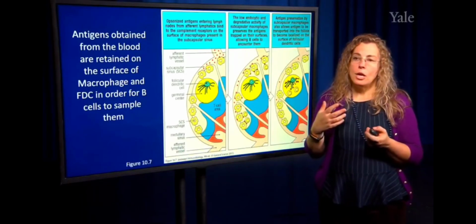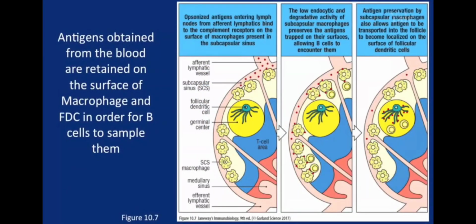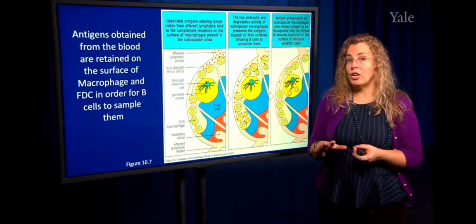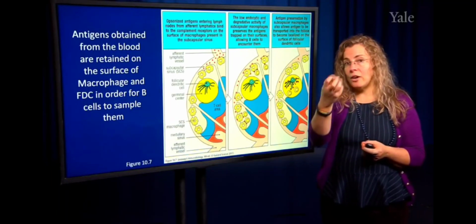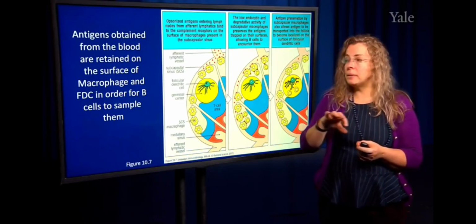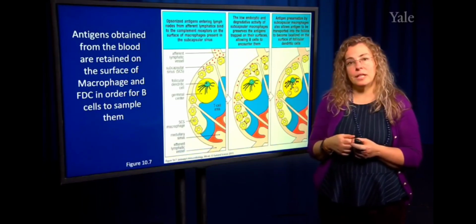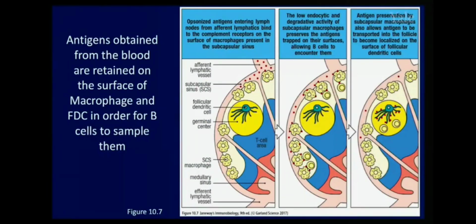So, antigen transport into lymph node and spleens. There are two innate immune cell subtypes, which are subcapsular macrophages and also follicular dendritic cells. Both of these cell types are very good at binding antigen, but they actually don't internalize the antigen. So they don't pull it inside and break it up into pieces and present on class 2. They simply keep the antigen on the surface, which you can see here. Now that's important for B cells because when those cells come into the lymph node or the spleen, the B cells can then sample what's on the surface of these cells.